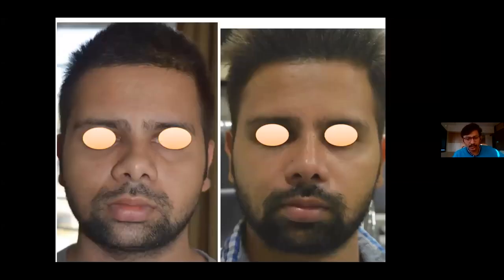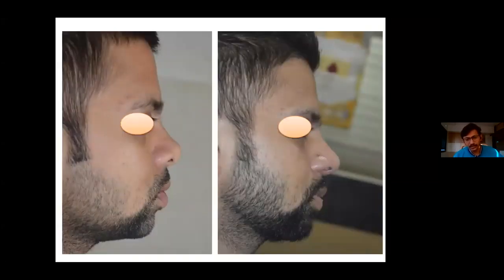So here he was. We could nicely control his rotation. As you can see here, no dorsal augmentation was done, but we could derotate the nose from here to here. So that was all thanks to the septal extension graft and the extended spreader graft.